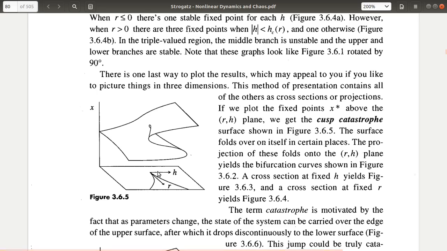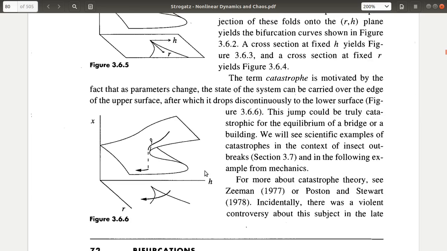And one more thing we can observe, which is an interesting behavior in this system, is this jump. We have observed a jump behavior when we observed a system with x to the power of 5, right?